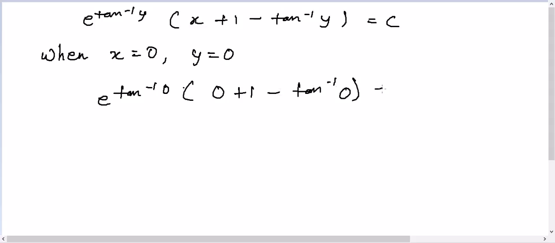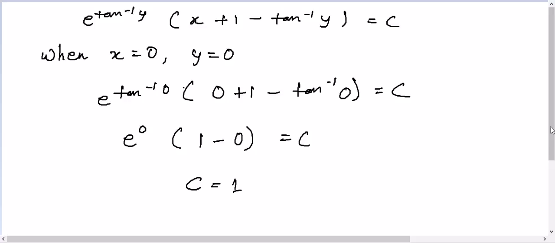Y is 0, that will be c. So guys, tan inverse 0 is 0, and this will be 1, and tan inverse 0 is 0, that is c, and e to the power 0 is, guys, 1, right? So the value of c will be 1, right?